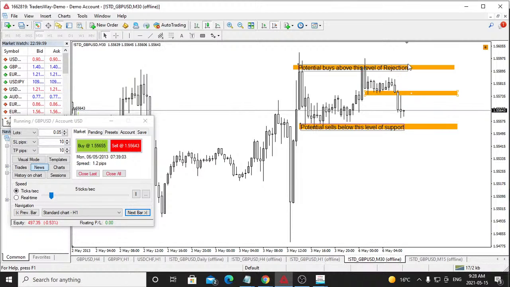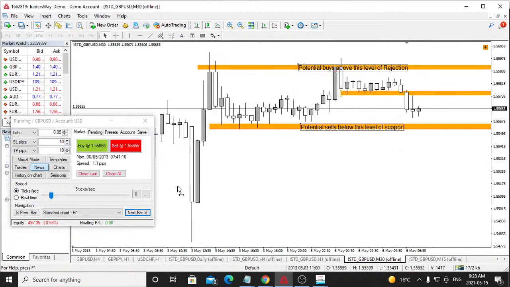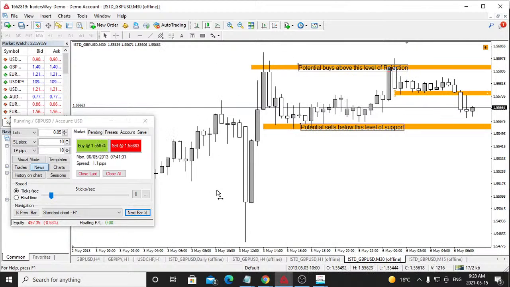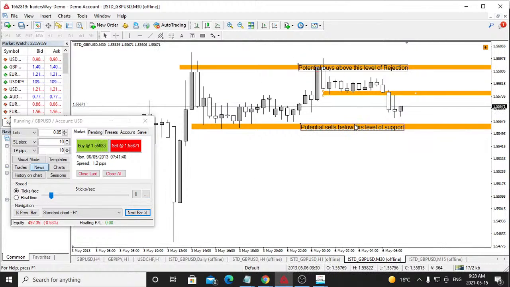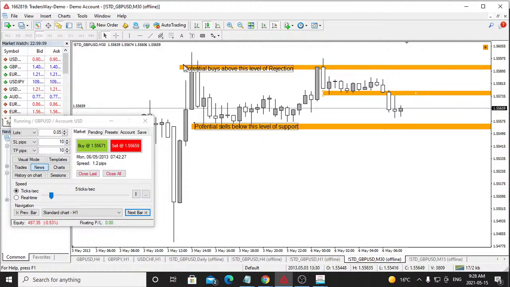But I actually would take buys maybe above this area. Maybe if it comes back into this area and prints above it and we get a rejection and then goes back, maybe like that. We will see.